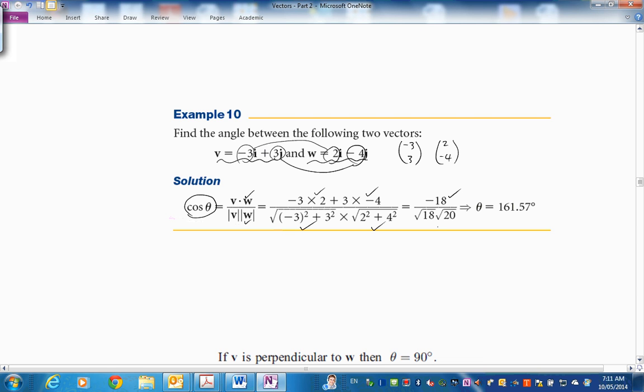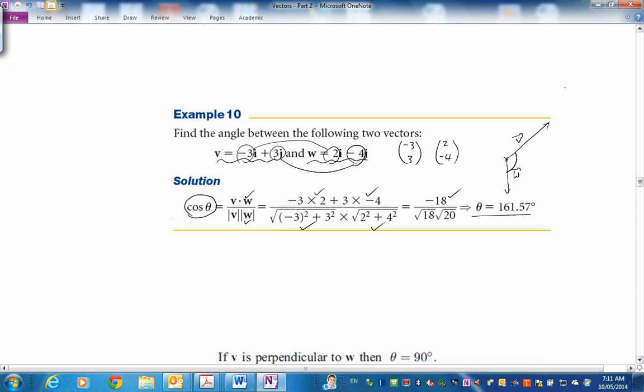Then we get this. And theta would be, because it's a negative cosine, what they're saying is when we do this and we do the vector v and the vector w coming from the same point and it's negative, that means that angle will be obtuse.